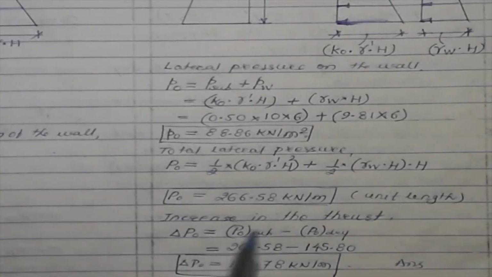Thus, the increase in the thrust, delta P0, is equal to the lateral thrust in submerged condition of the soil minus lateral thrust in dry condition. So in submerged condition it is 266.58 minus 145.80, which is in dry condition. The difference comes out to be 120.78 kilonewton per meter. So this is the answer for the second condition when the soil is fully submerged.